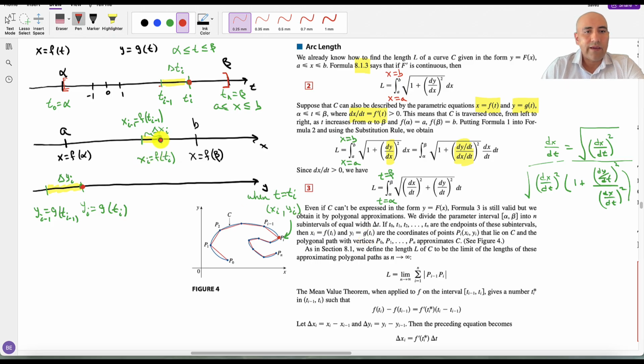X sub I, f of t sub I, that's this point, and y sub I equal to g of t sub I, that's this point right over here, are the coordinates of p sub I, x sub I comma y sub I, so the coordinates of this point right there, that lie on the curve C, and the polygonal path with vertices p sub naught, p sub 1, and so on.